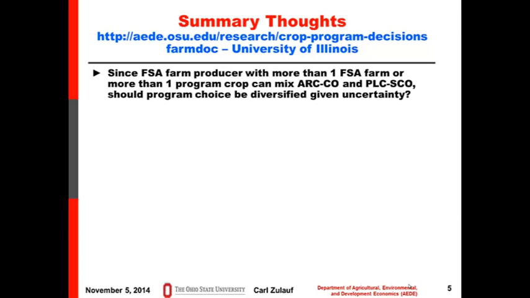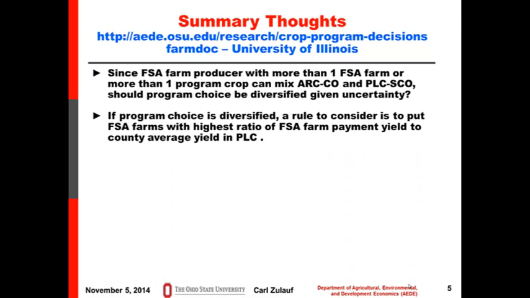Because ARC-CO and PLC address different risk, as we discussed previously. If program choice is something that is of interest to you as a producer, diversifying across the programs is a standard economic response in a situation of making decisions under uncertainty, which this decision clearly is.